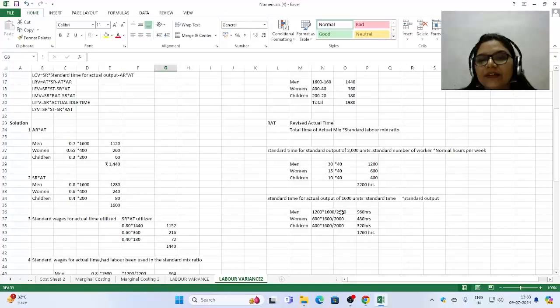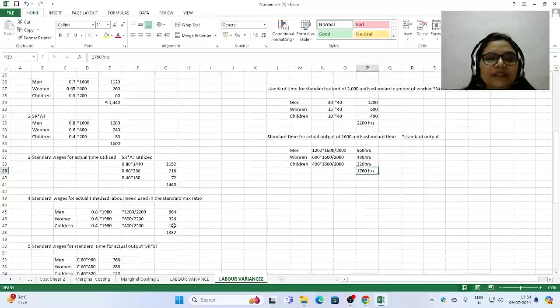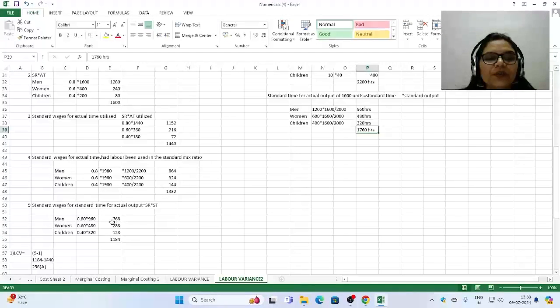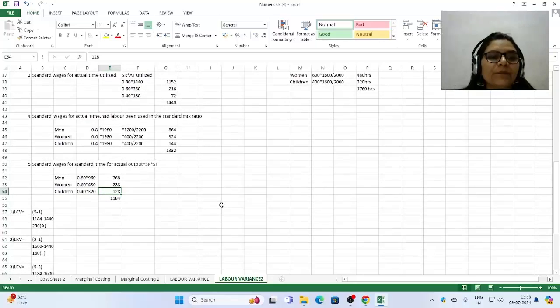So 1600 divided by 2000 into the labor time. It will give you 960, 480 and 320, the total of which is 760. So we will input these values 960, 480 and 320 and we will get 768, 288 and 128.